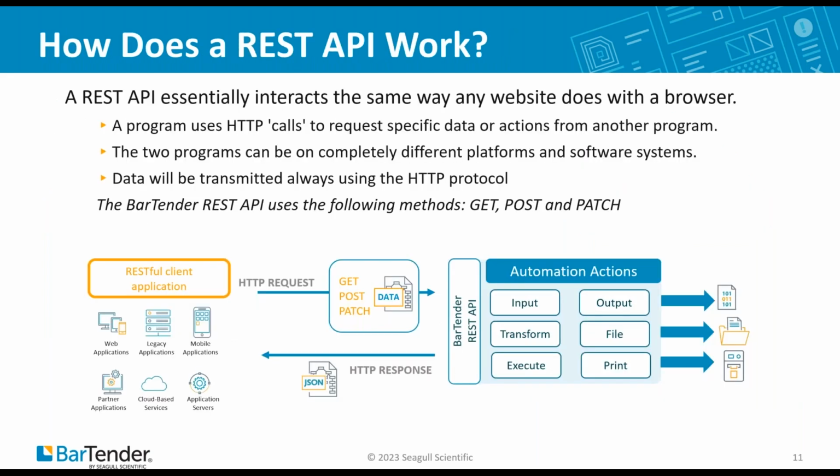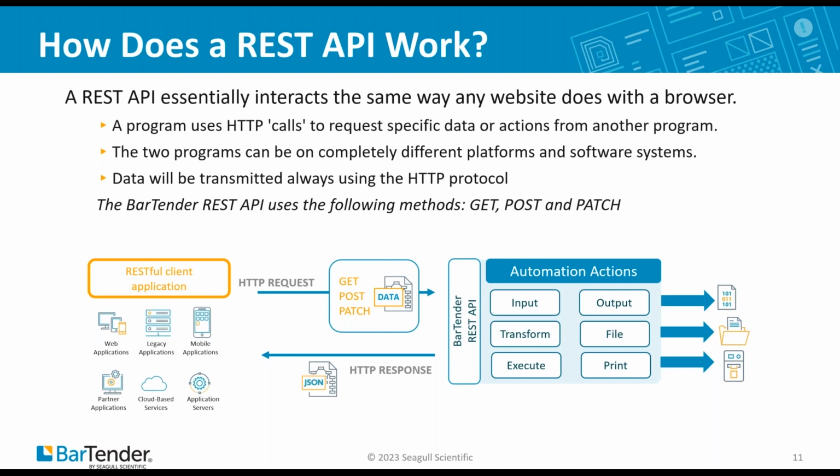So let's take a look, for those of you who are, again, new to the API, at how it works. And it's actually quite simple in its concept. A data source, such as you might see here, can be a web application, an ERP system, a WMS system, or somebody working a keyboard through a web page, it doesn't matter.